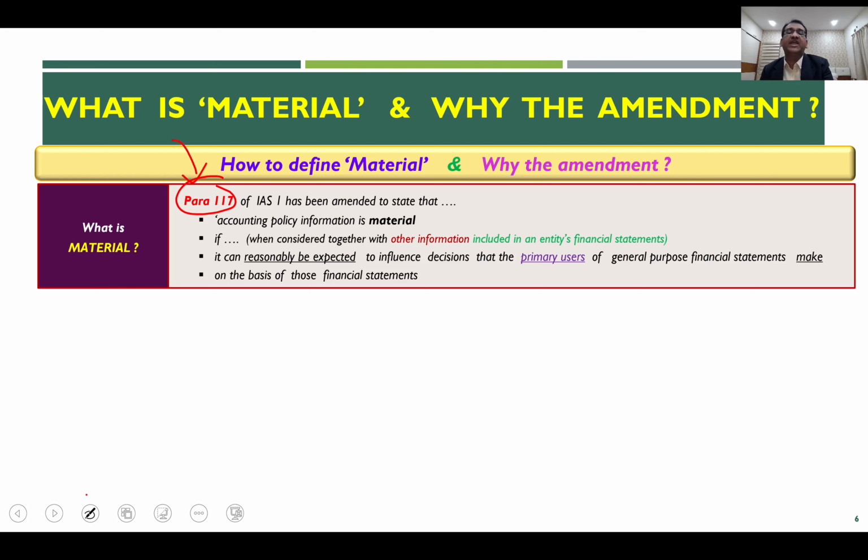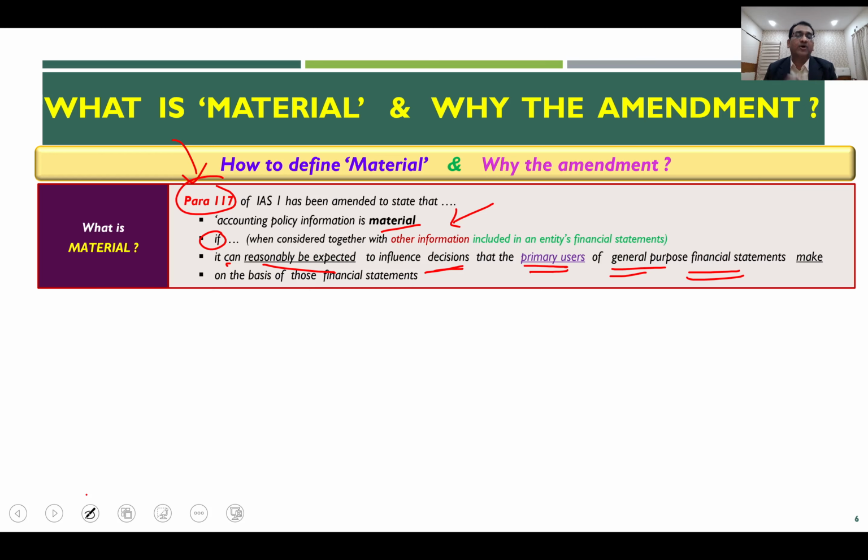It says accounting policy information is material if those policies can reasonably be expected to influence the decision-making process of the primary users of general purpose financial statements, which means the policy information coupled with other information given in the entity's financial statements.